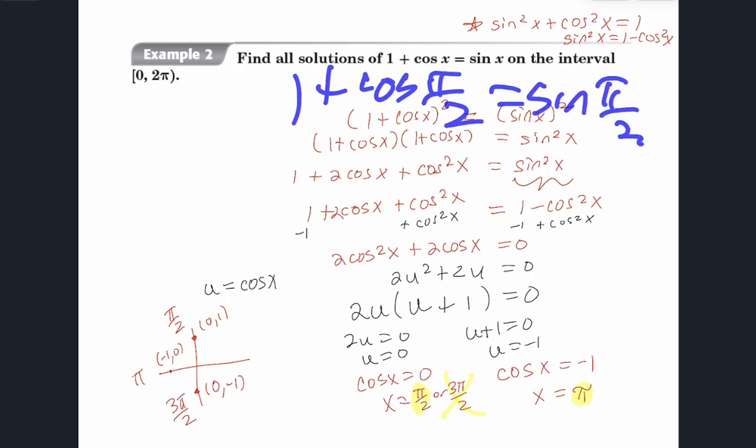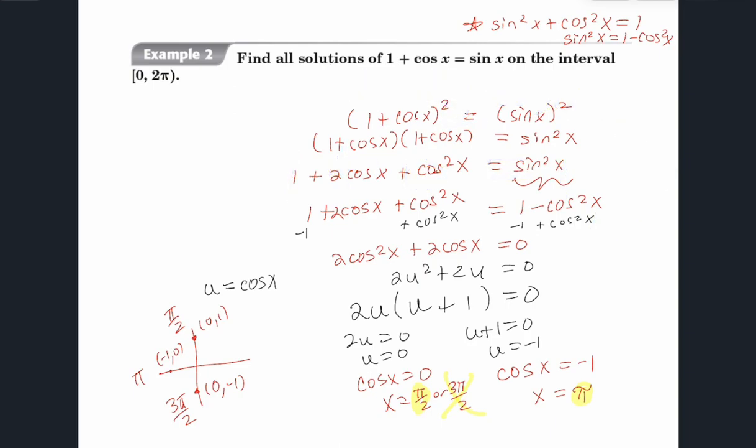Is that right? Well, that's 1 plus 0 equals 1. Yeah, that one's right. But if you stick in 3 pi over 2, you get 1 plus 0 equals -1, which isn't right. So it's just, again, using your unit circle values. You have to know your unit circle, or this is not going to be fun, or at least have a picture of your unit circle sitting there next to you as you do this process, okay?